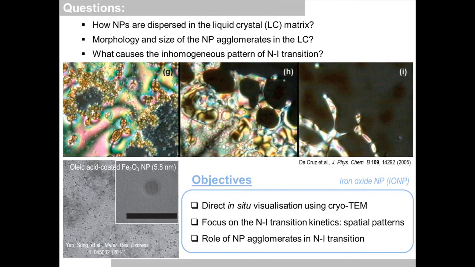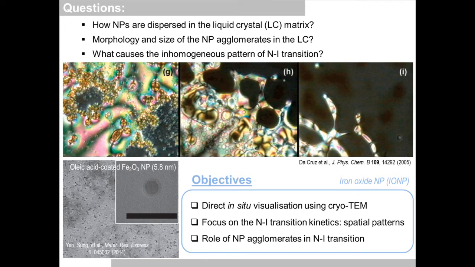So, based on these previous works, we can ask the following questions. First, how are NPs dispersed in the liquid crystal matrix? If the nanoparticles are agglomerated in the defect site, what are the morphology and size of the NP agglomerates in the SC? And finally, what causes the inhomogeneous pattern of NI transition?